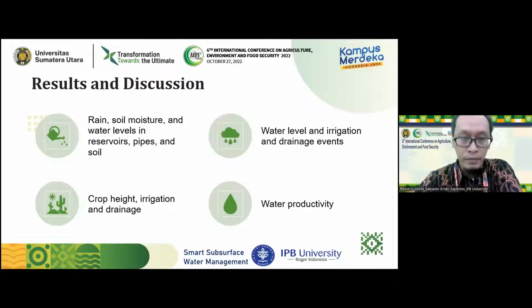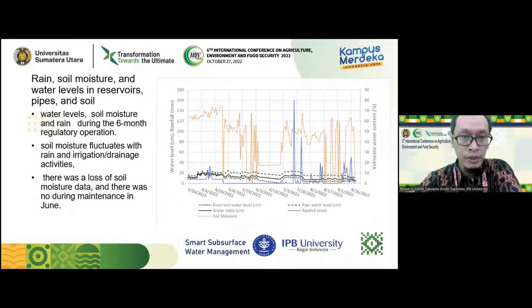And at first, this is some figures of how the water level, soil moisture, and rain fluctuate during the 6 months of observation. And we can see that the soil moisture fluctuates with the change of irrigation and drainage activities, also when it rains.